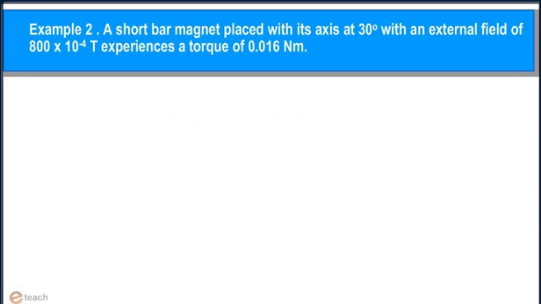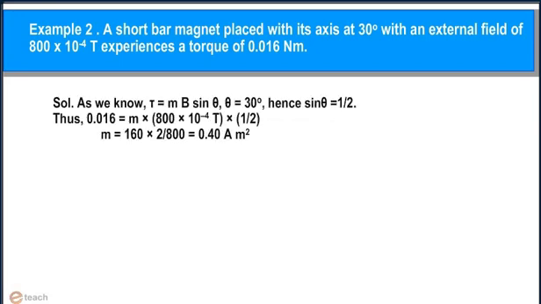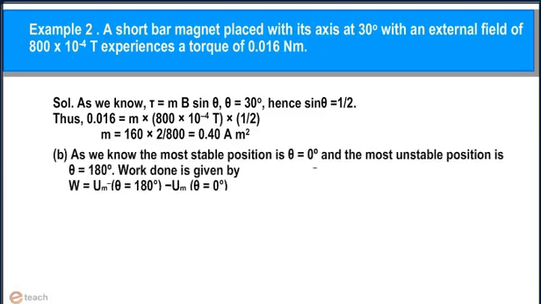Solution. As we know, tau equals MB sine theta. Here theta is 30 degree, hence sine theta is half. Thus, 0.016 equals M into 800 into 10 to the power minus 4 into half. So M comes out to be 0.40 ampere meter square. B. As we know, the most stable position is theta equal to 0 degree and the most unstable position is at theta equal to 180 degree.